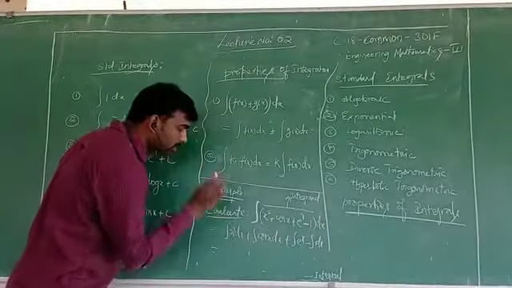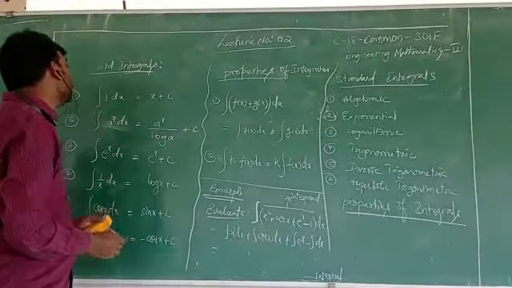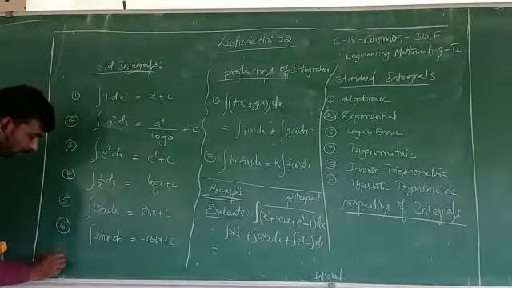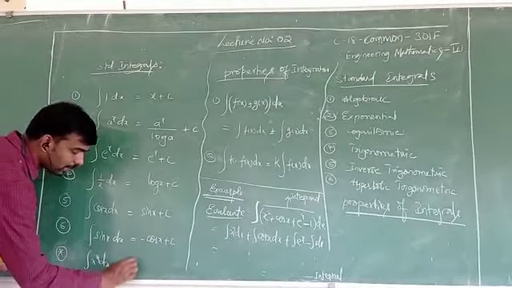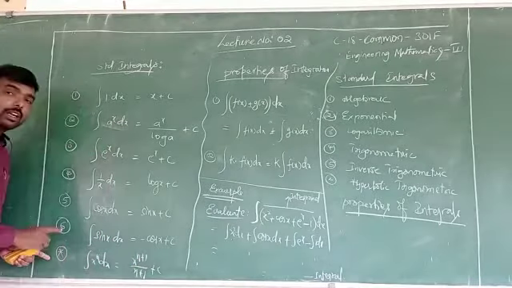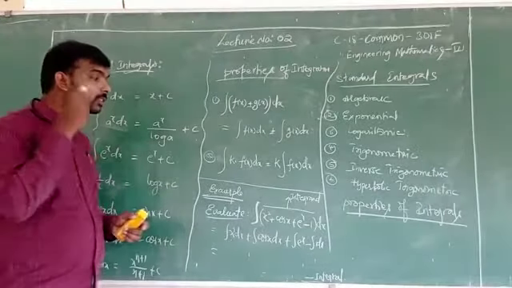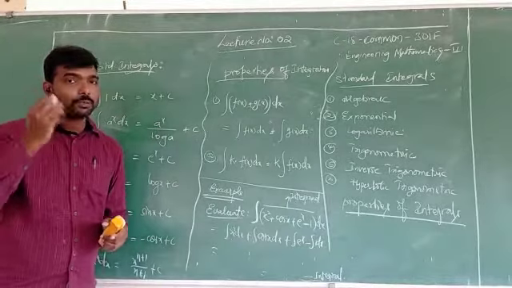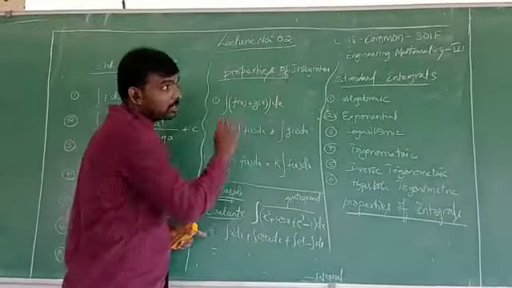Now what is the x square integration? Here, I will write for you, integration of x to the power of n into dx is equal to x to the power of n plus 1 by n plus 1 plus c. Once again I am telling you that after this session you please go through the attachment which is given in the link. In that you will get the standard integrals.